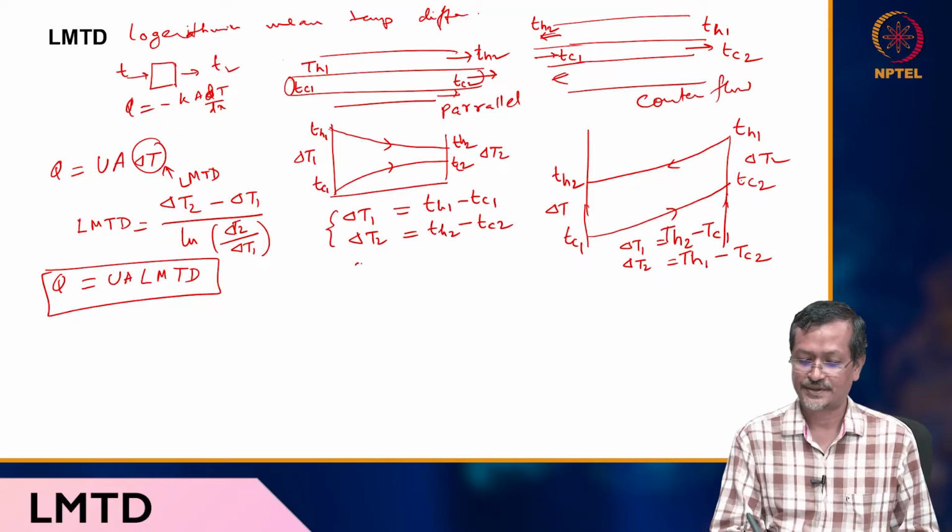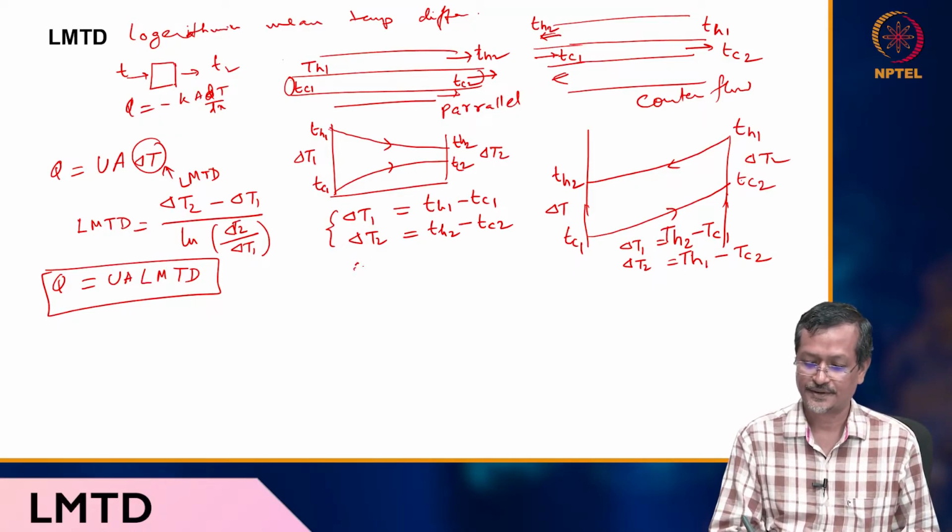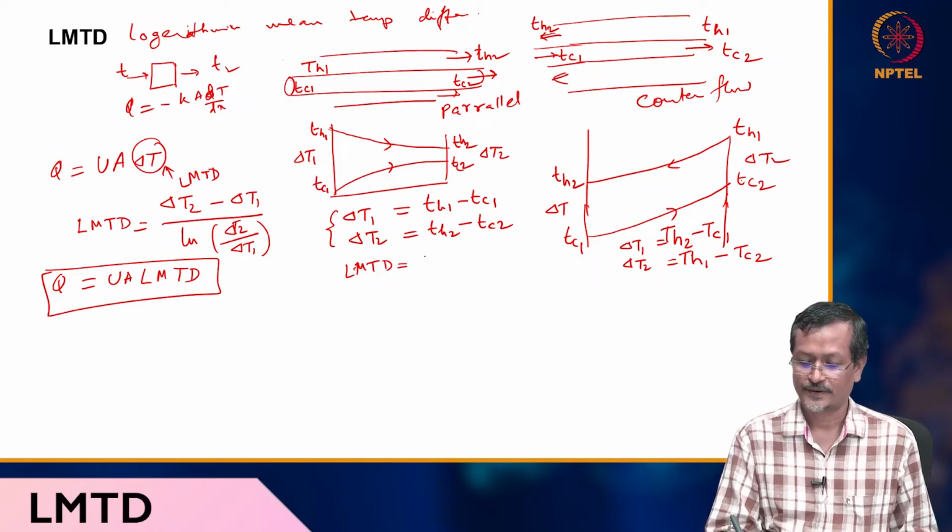So in this case the logarithmic mean temperature difference equals (del T2 minus del T1) divided by logarithm of (del T2 by del T1).